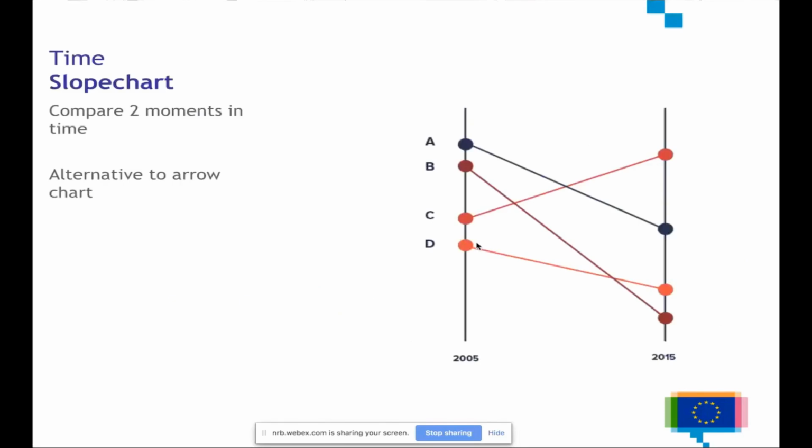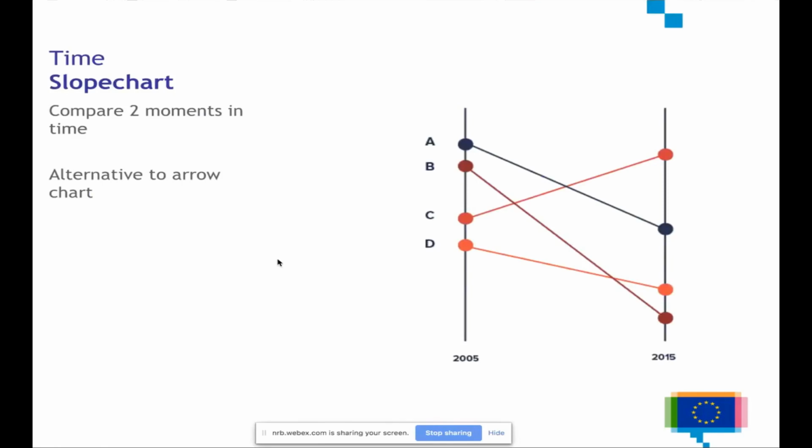The first visualization that I wanted to highlight is what is called a slope chart, and you can use a slope chart to compare two moments in time. This example of a slope chart is showing the values for 4 categories in 2 years, so in 2005 and 2015.